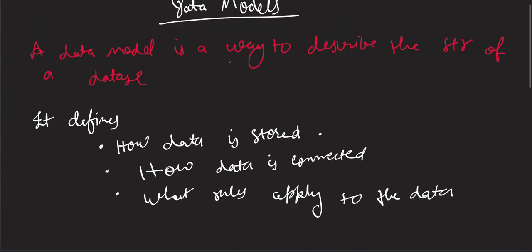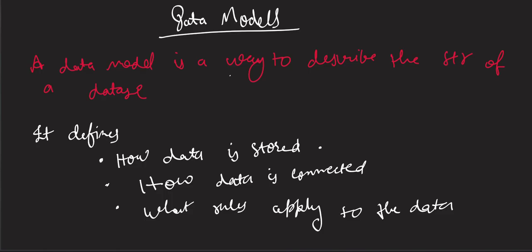Okay. So a data model is a way of describing the structure of the database, as we have discussed. It defines how data is stored in the database, how data is connected, and what rules are applied on the data.